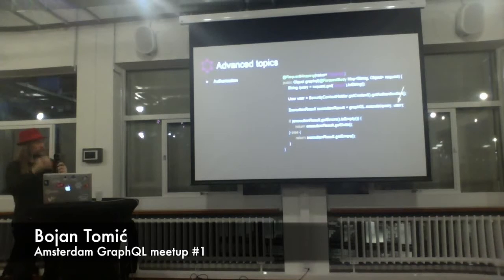Every single field that you ask for, and technically queries are fields. Root queries are fields of this magical root query object. So every query is just a field somewhere. Every field has a resolver, meaning every query has a resolver. And this context will be propagated down to every single resolver in the chain.